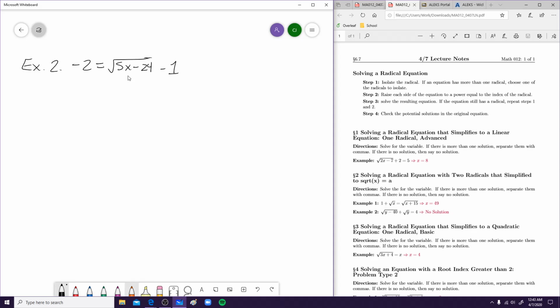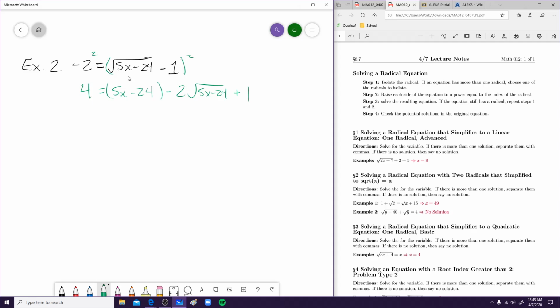The reason why is because if I don't isolate it and I square everything right away, then I'll get 4. And then we're going to have to FOIL this. If we do that, we get 5x minus 24, and then it's going to be what? Minus 2 square root of 5x minus 24, plus 1.